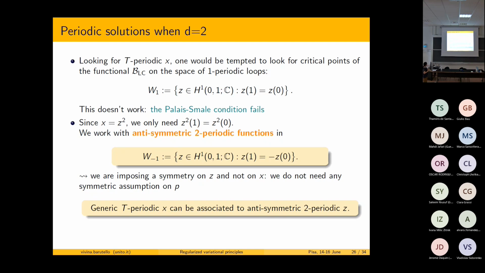And so this symmetry is in some sense hidden in the problem, and you don't need to impose any further condition on the P. And it is a natural symmetry that comes out from the fact that the fiber of the map P contains 2 points, Z and minus Z. For any P, you have 2 points. For any X, you have 2 points. Okay?